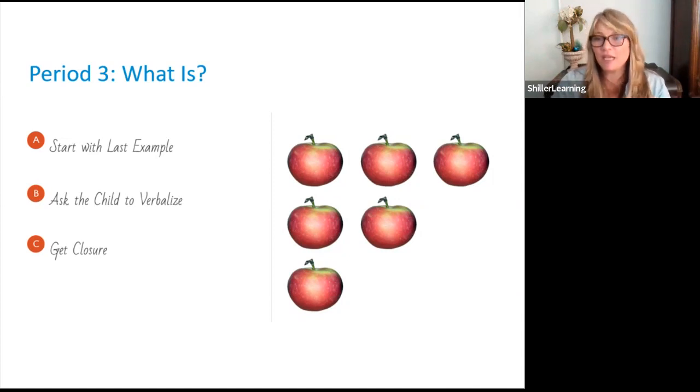If they get the answer wrong, the teacher does not correct them. They simply affirm what the child has shown them. In the example, if they were to point to one of the apples, you could say, that is one apple.